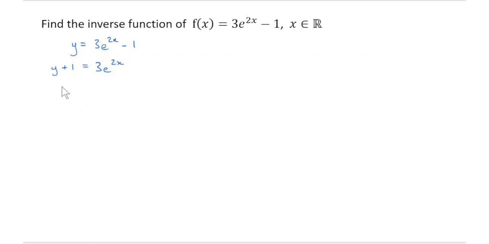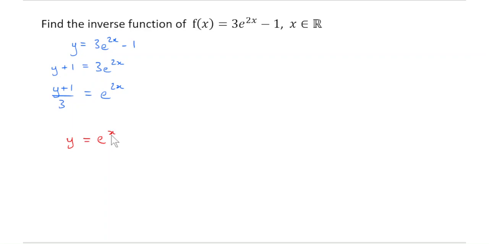And so we can divide both sides now by 3. So we get y plus 1 over 3 is equal to e to the 2x. Now, what I've been trying to tell you for a long time is this is the graph of y equals e to the x, but it has undergone some shifting, some stretching, some scaling. So let's try to figure this out.